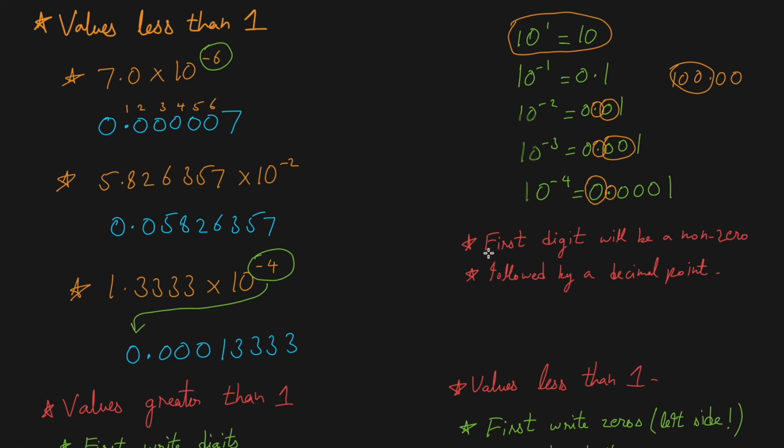Also, all these problems are in standard form, they are correctly written in standard scientific notation. So what if they are not correctly written in scientific notation? What if we have to correct it into proper scientific notation? So how are we going to do it?